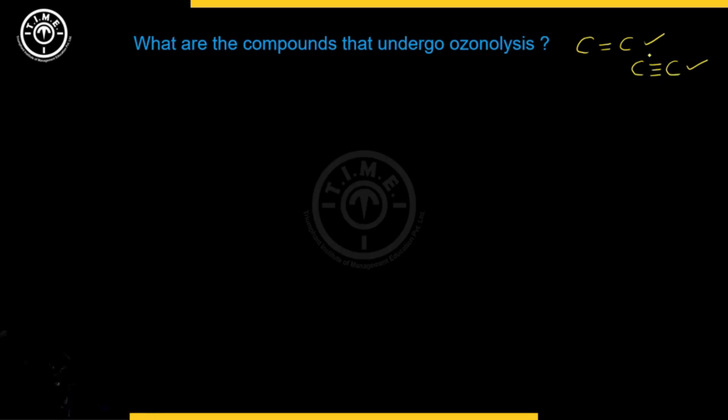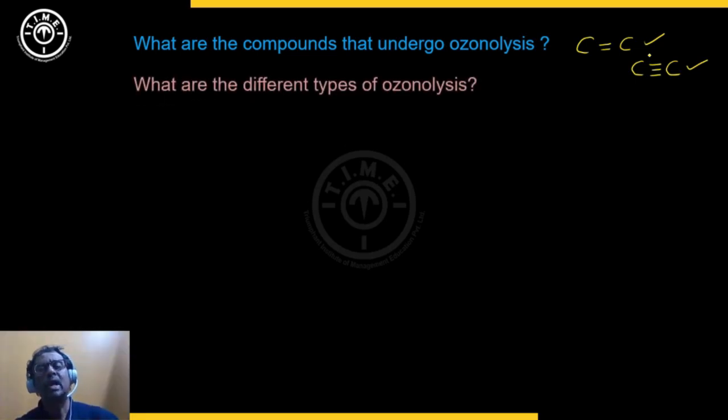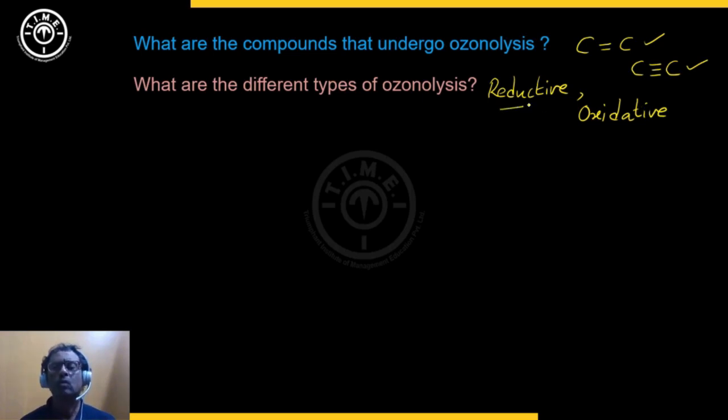What was the second question that we had asked? What are the different types of ozonolysis? There we mentioned we could have a reductive ozonolysis and an oxidative ozonolysis. We had also mentioned what reagents are used in reductive and what reagent is used in oxidative.